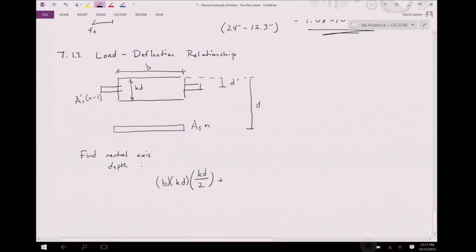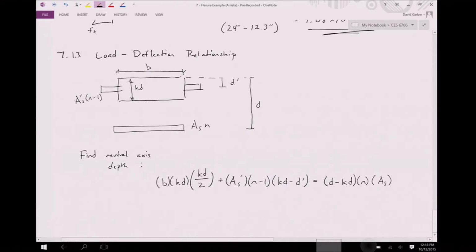And then we have AS prime, N minus 1, KD minus D prime, equals D minus KD times N times AS.